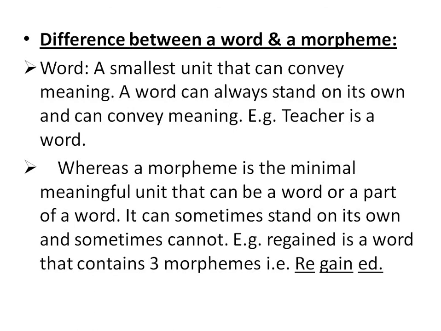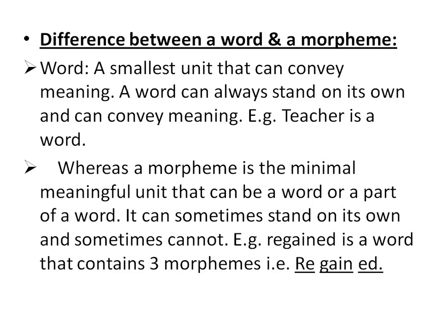A word always stands on its own, whereas a morpheme can sometimes stand on its own and sometimes cannot. Let's look at an example. Regained is a complete word, and the word regained contains three morphemes: re, gain, and ed, the past form.